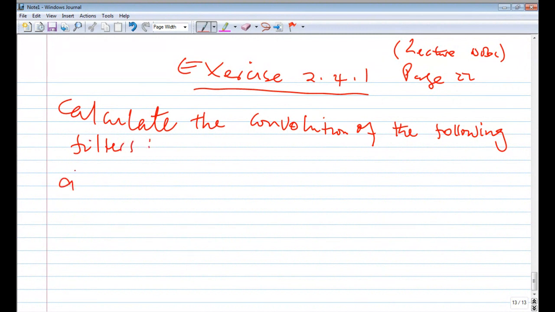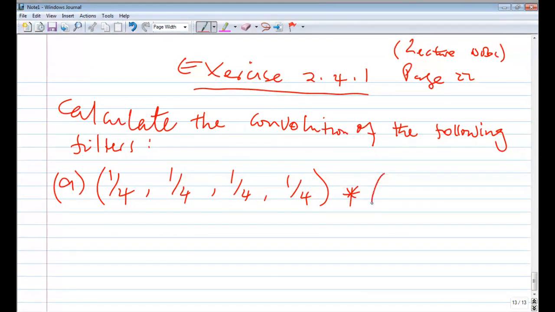Okay, number A. It says 1/4, 1/4, 1/4, 1/4, convolution 1/4, 1/4, 1/4.